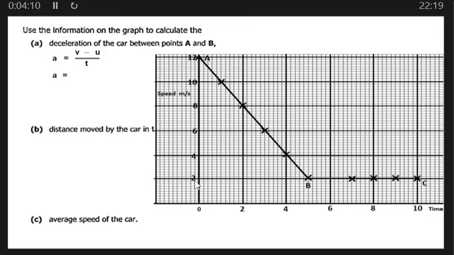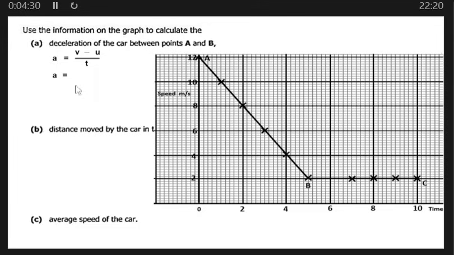Where am I reading the velocity? From the vertical axis. Point A is at 12, and point B is at 2. So our final velocity is 2 and our initial velocity is 12.